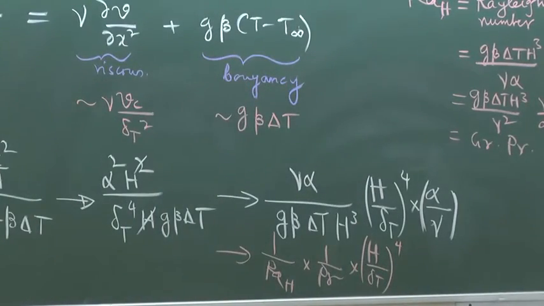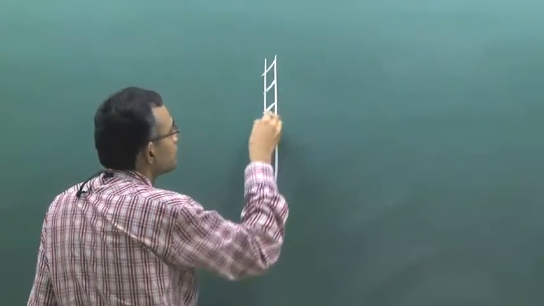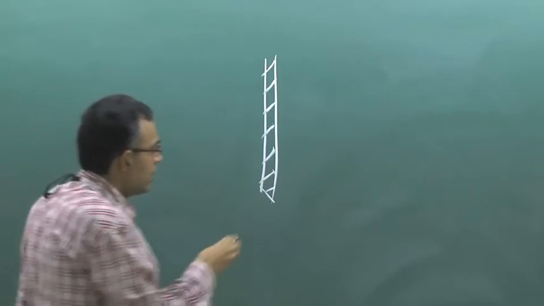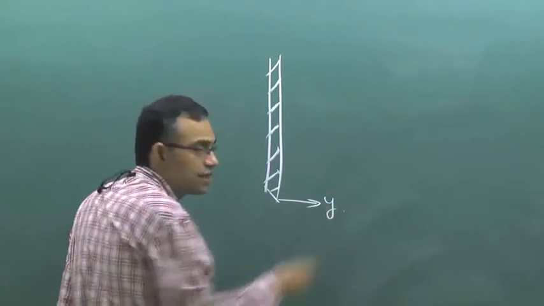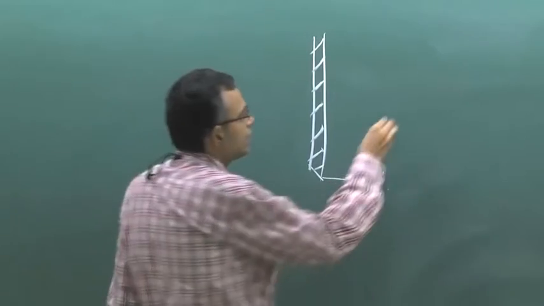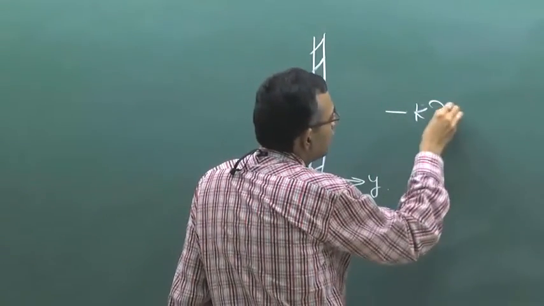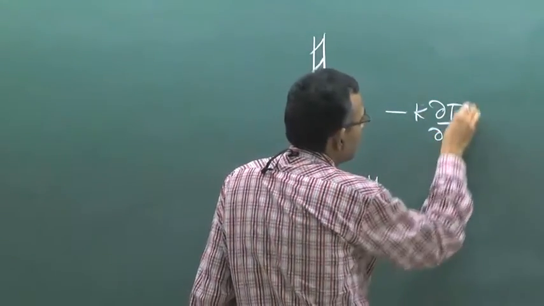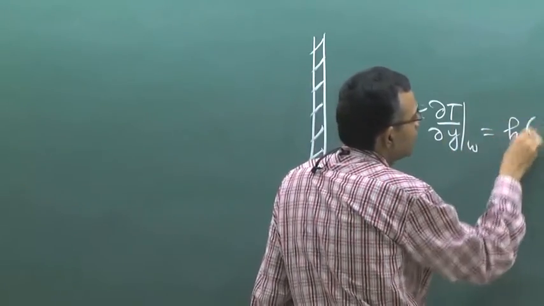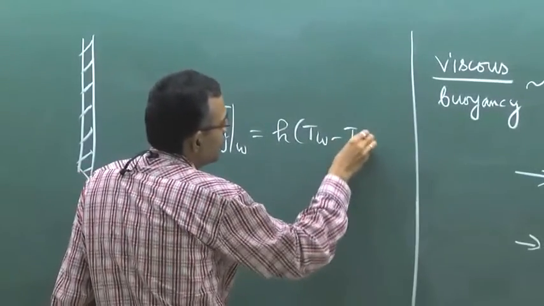But before that, we will try to find out what is the Nusselt number. Again, in any problem of convection, it is the Nusselt number that is our matter of interest. So if this is the plate and this is the y axis, at the wall we can write minus k del T del y at wall is equal to h into T wall minus T infinity, right.